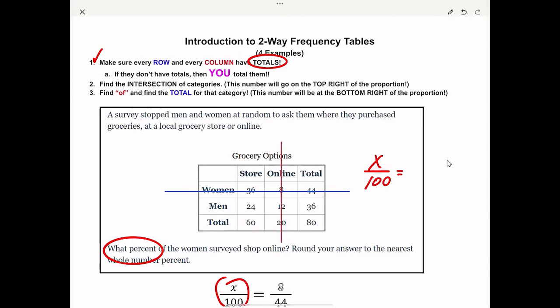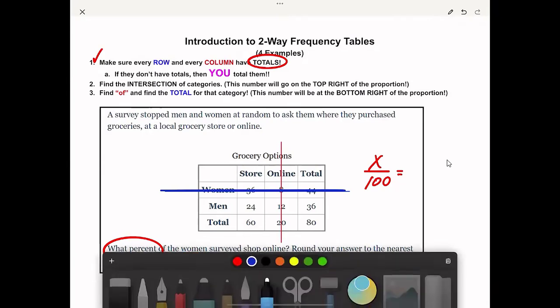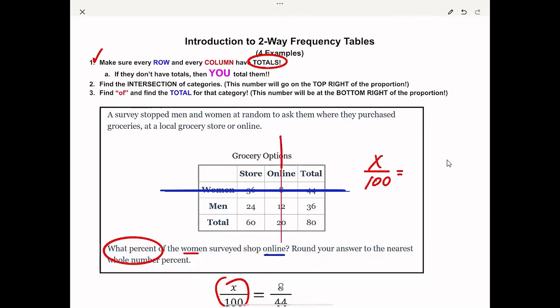So the very first thing you're going to do is say women. That's one category, and you just draw a horizontal line there. The other category is shop online, so we're going to change this to red and draw a vertical line through online. Where they intersect, that is 8.